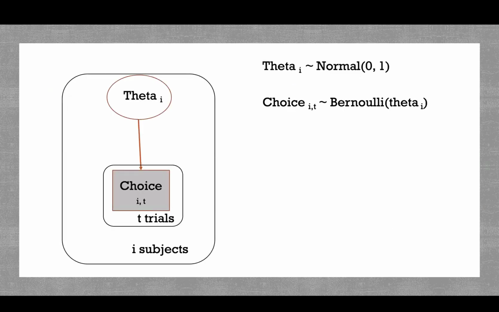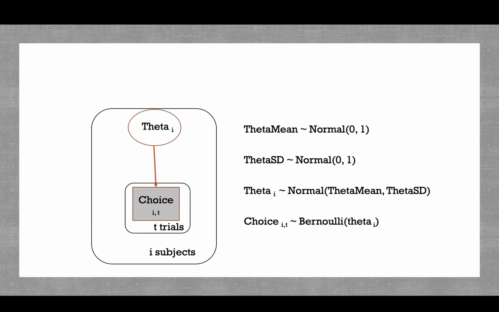We say that instead of each theta being independent from each other and having its own prior, we say that each theta is sampled from a distribution that has a common mean and a common standard deviation. And this common mean and common standard deviation are estimated at the same time as we're estimating theta I.